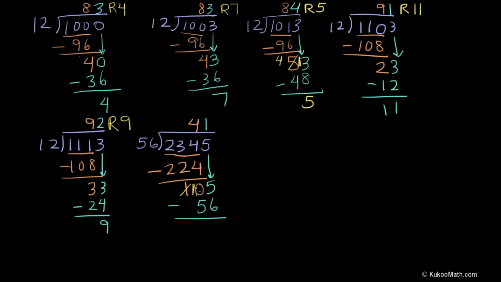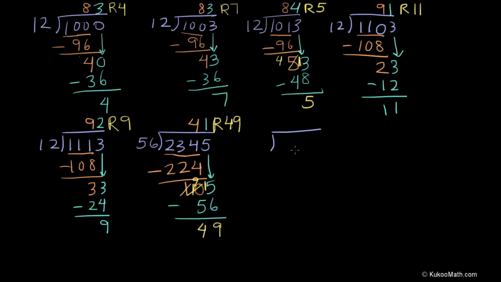This becomes 10. And we cross this out to be 9. And this becomes 15. So 15 minus 6 is 9. And then 9 minus 5 is 4. So we get 49. And that's less than 56, so that's okay as a remainder. So our remainder is 49, which is a big remainder, but it's okay.